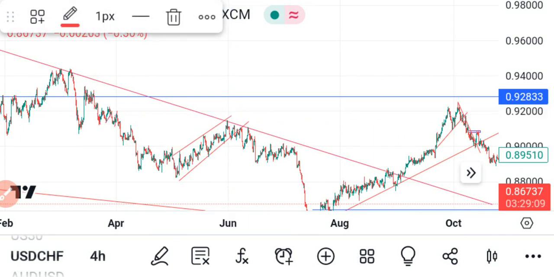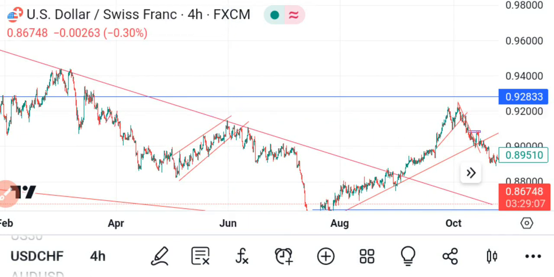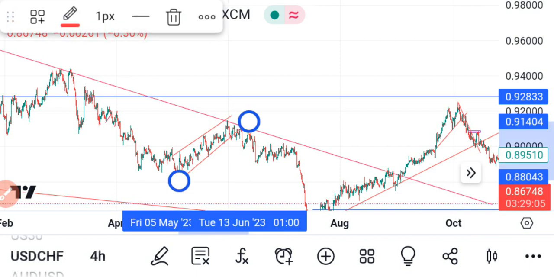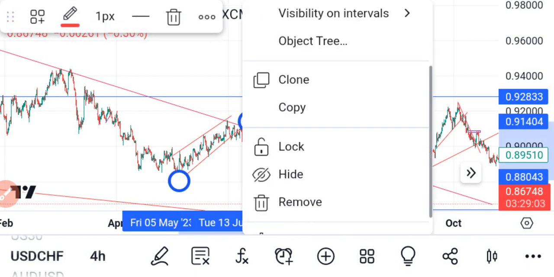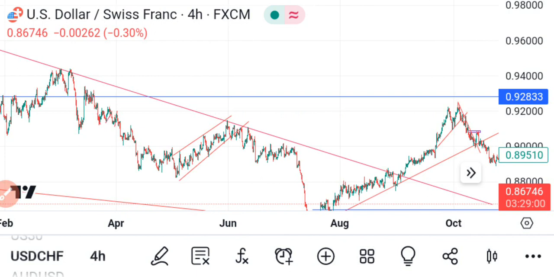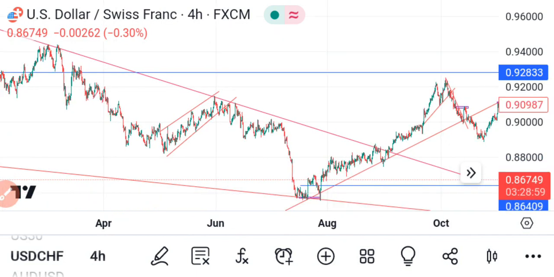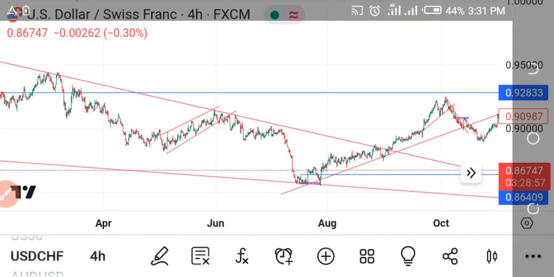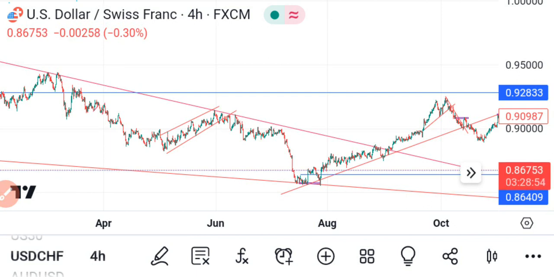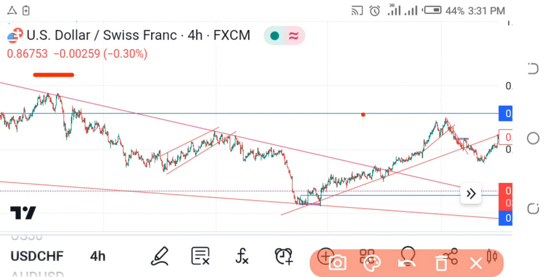Now this one is actually moving with the trend. As you can see, we saw a breakout here, and the market came back to the downside. All this was a retracement move to take price back to the downside. This whole move that you were seeing was just to come back to this trend line to respect it. As you can see, price has been respecting these trend lines.